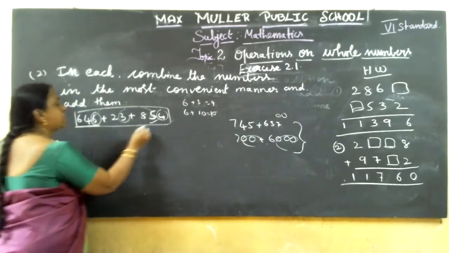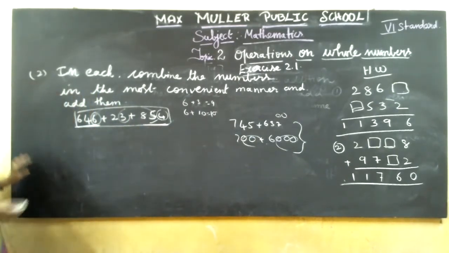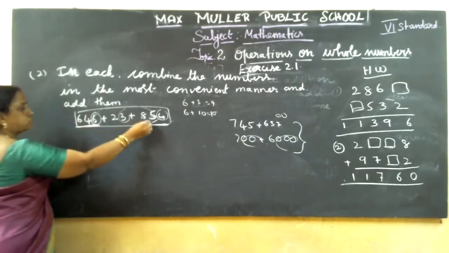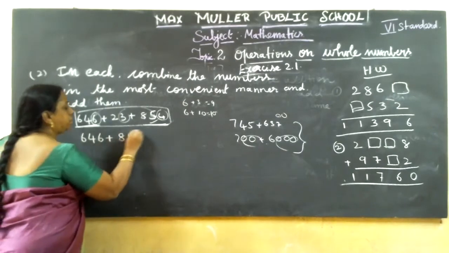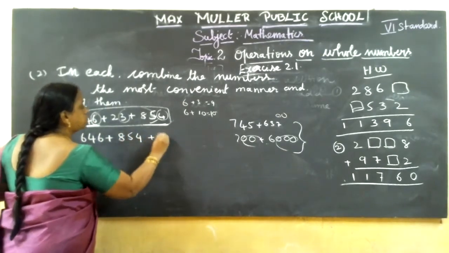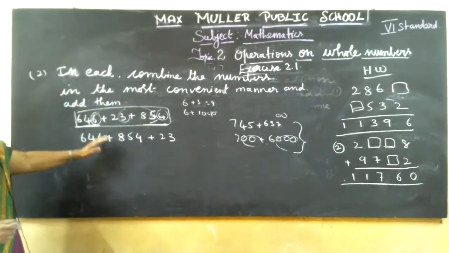First this and this. Underline, and if you do 1 or 2 sums, you will get the idea. So first we'll add these two, then we'll add the other. 646 plus 854 plus 23. Got it? We change the order, that's all. Numbers are all the same, we only change the order.